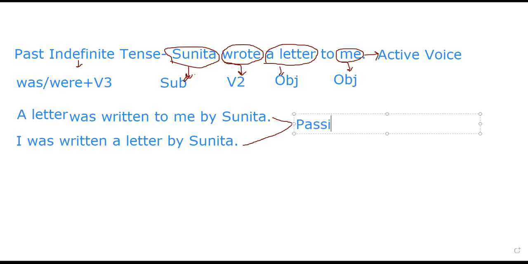In the first sentence, I have used the first object, a letter, and in the second sentence, I have used the object me, and I have changed it into the subject. Is it clear to every one of you? This is how we change past indefinite tense and a sentence with double object into passive voice.